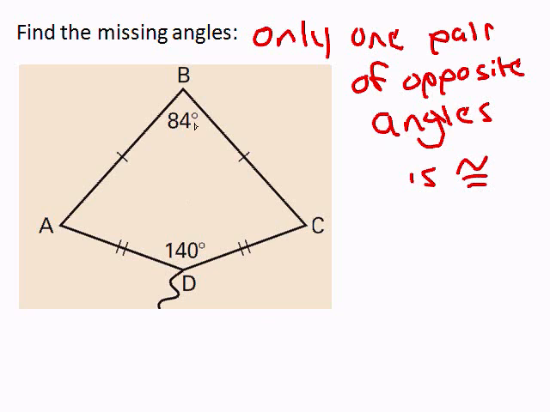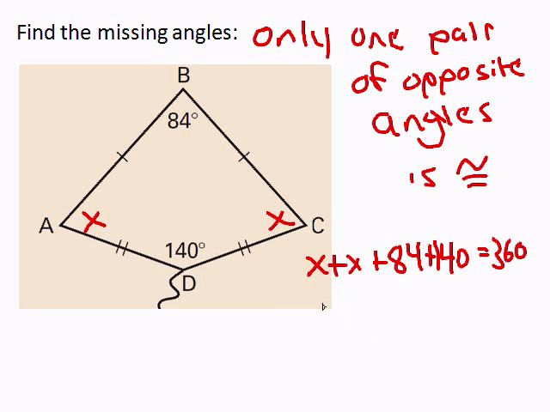Well, 140 and 84, those obviously are not the congruent angles that are opposite each other. That means A and C have to be the congruent angles. Well, if A and C are congruent, it makes it a pretty easy problem. We just go X plus X plus 84 plus 140 is equal to 360 degrees. X plus X is 2X, and 84 plus 140 is 224.